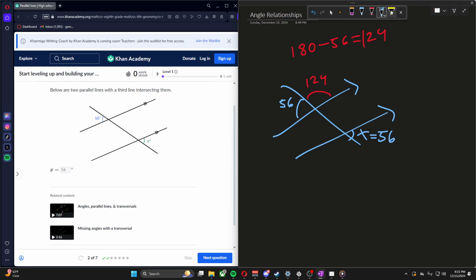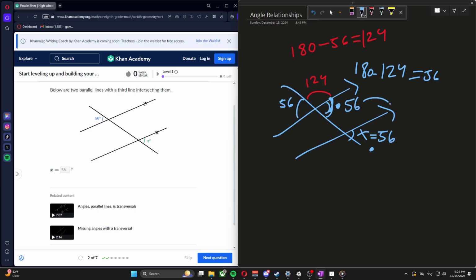And so now we can solve for this last angle. This angle right here is a lot more noticeable that it's the same as this angle. So we would take 180 minus 124 to get this angle right here. That'll give us 56, and 56 is our angle here.